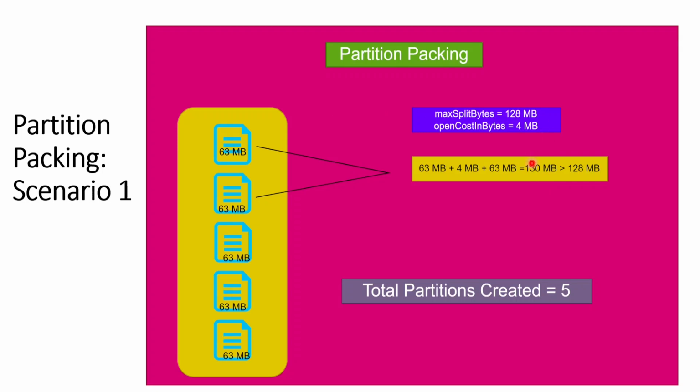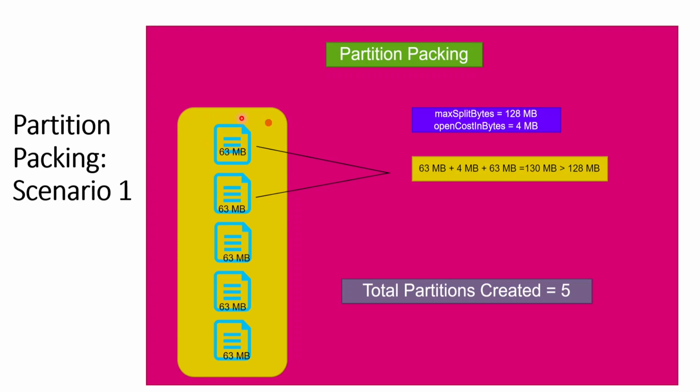So in this case, we cannot combine two different files. This 63 file cannot be combined with anything. So the 63 megabyte file will go as one single partition, even though the maximum partition size for this scenario is calculated as 128 megabytes. Still, this 63 megabyte file cannot be merged with another file to create a single partition. So each file will create a single partition within the Spark environment.